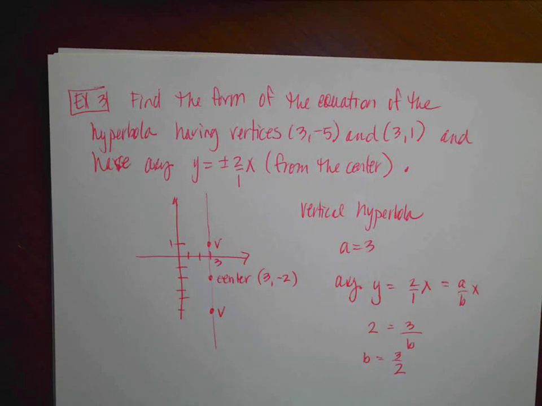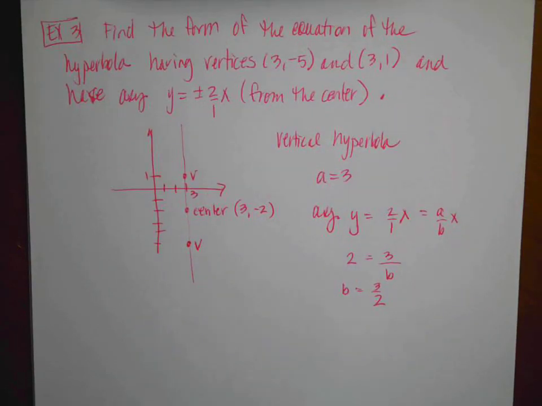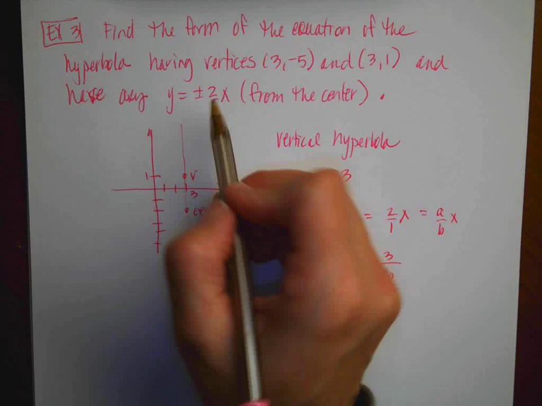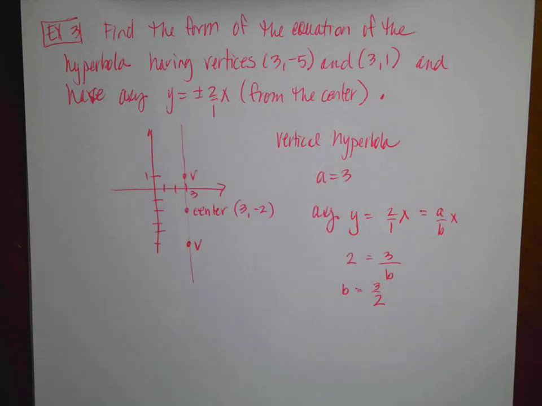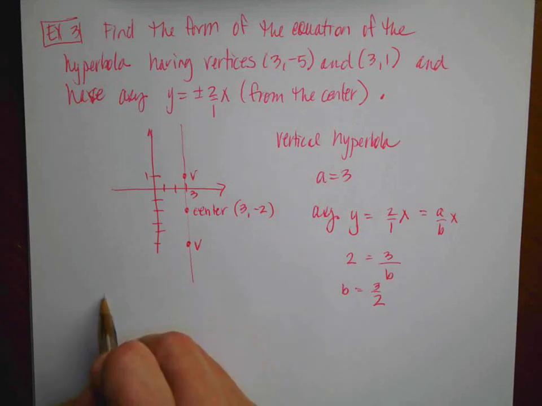I get b is equal to 3 halves. So now I think I have everything that I need. So this 2 is the y value, okay? Alrighty, sorry, I'm just looking at my math to see if I've done my math well.